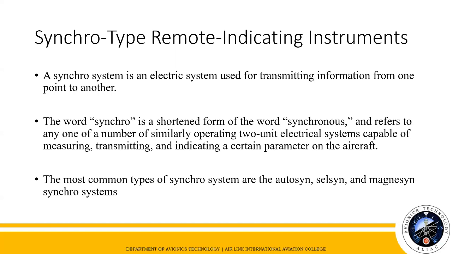Nakaka-receive din sila ng input from sensing transmitters o kaya transducers that are remotely located in the aircraft. So by varying the electric signals, yung mga motors are tuned to the precise location needed to reflect the correct indication.